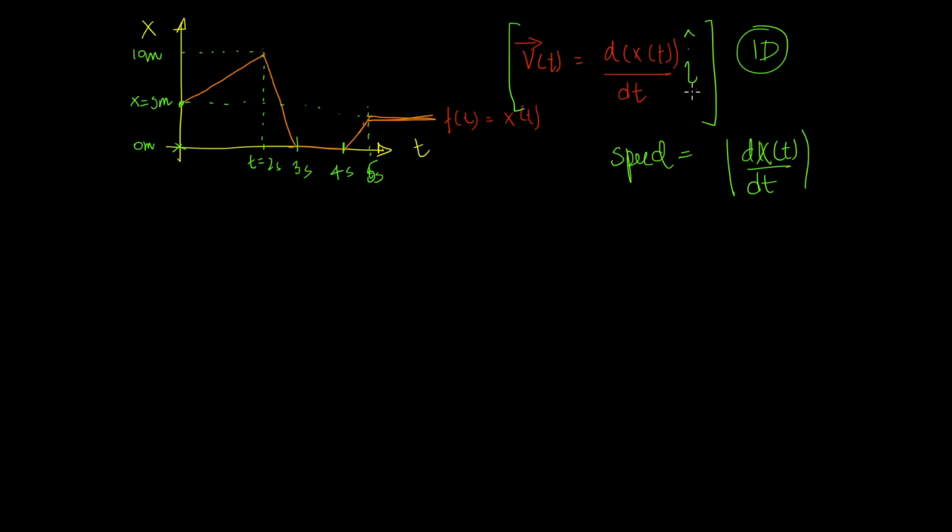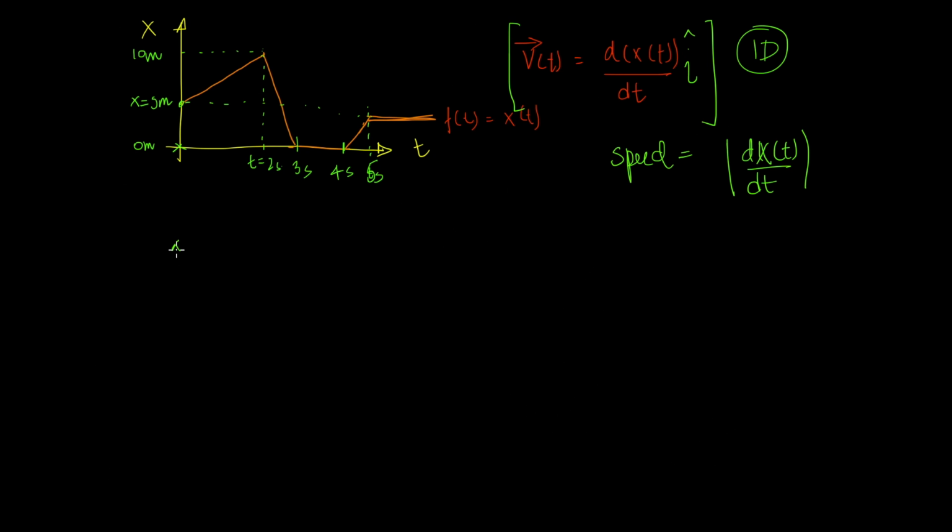You disregard the i cap there because now you're talking about speed, not velocity. It's a scalar, not a vector, and you take the modulus because speed can never be negative. So with all those things in mind, we can evaluate what v versus t would be.